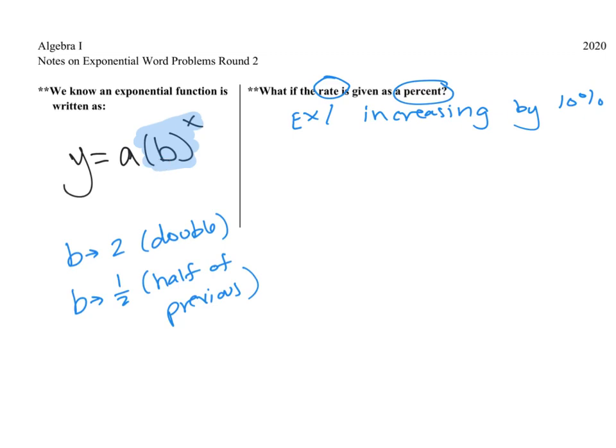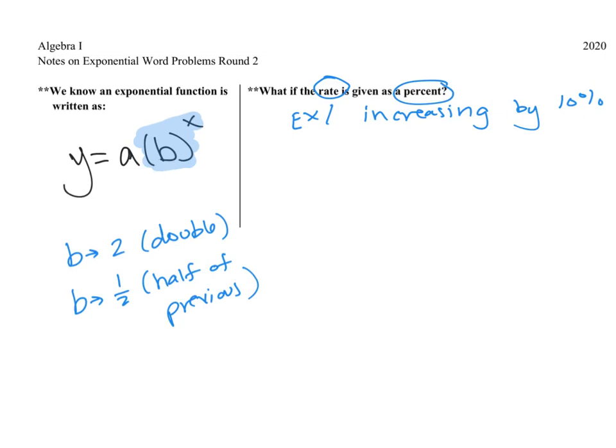And 10% converted to a decimal, 10 divided by 100, is 0.10. If I put 0.10 in for B, that looks like my money is going to actually decrease, because remember, 0.10 is between 0 and 1. 0.10 would be decay, actually, because it's less than 1. We said in order to be growth, this b value had to be bigger than 1.